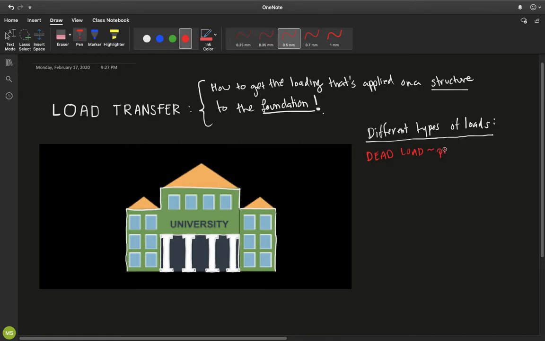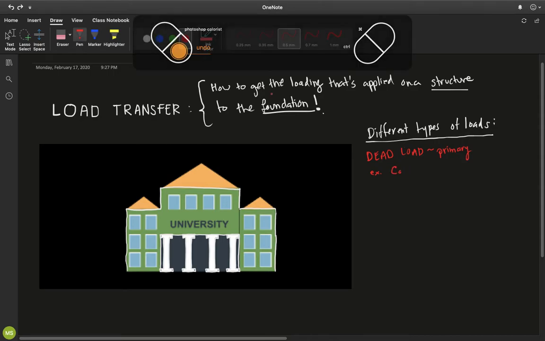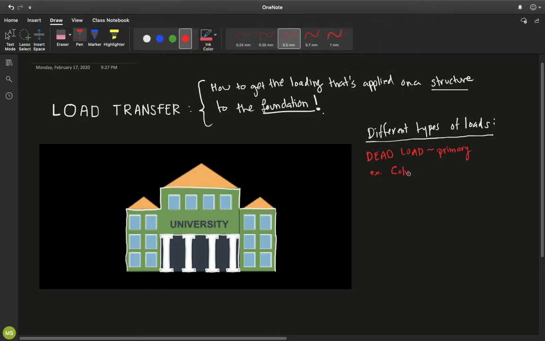So primary, and I'll give an example of a dead load. You can think of a dead load as a column or a beam, or if you want to be a little bit more specific, a girder. Girders are just essentially bigger versions of beams.